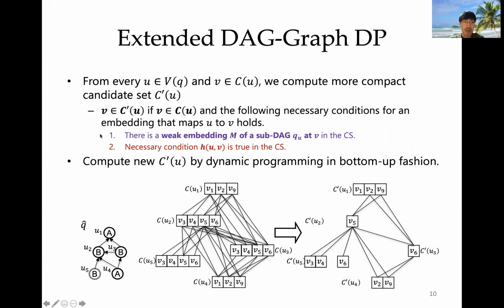So by using these two techniques in dynamic programming, we compute a new compact candidate set C prime in reverse topological order of the query DAG. So between this query DAG and the given initial CS, we can get a more compact CS by using this dynamic programming.